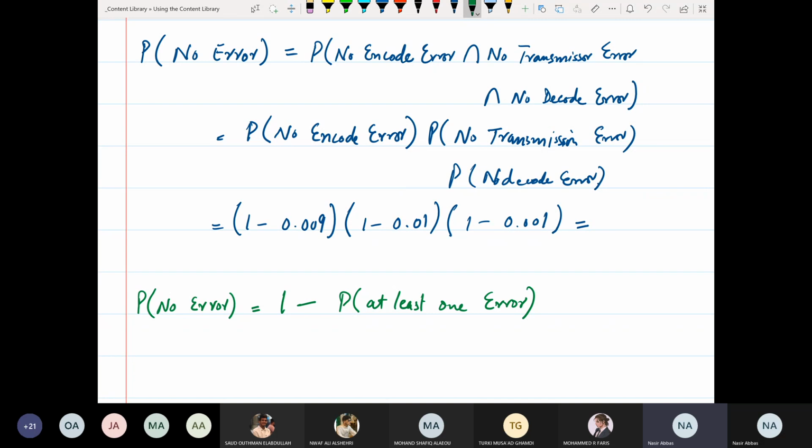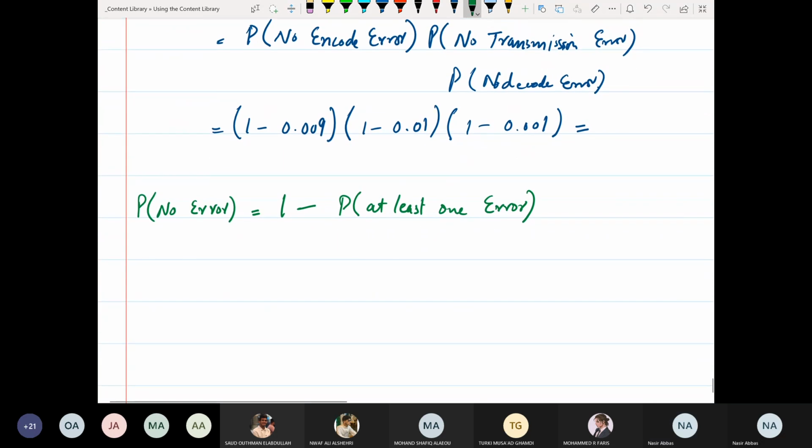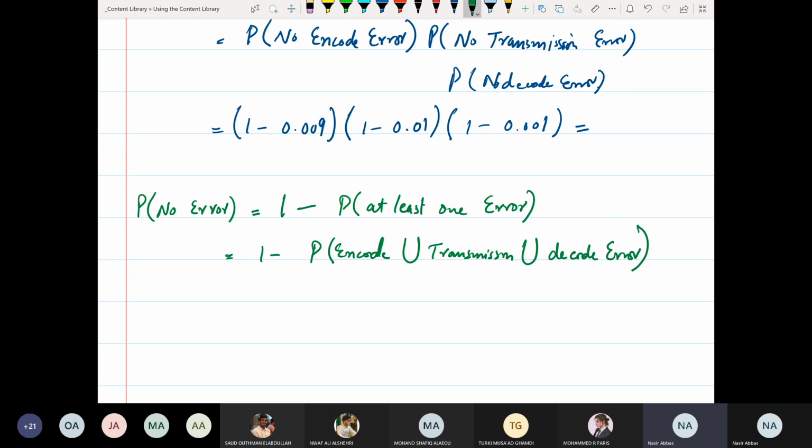Either the encode error or transmission error or decode error, at least one of the errors. And then you say this is 1 minus probability of encode error union transmission error union decode error. At least means union.